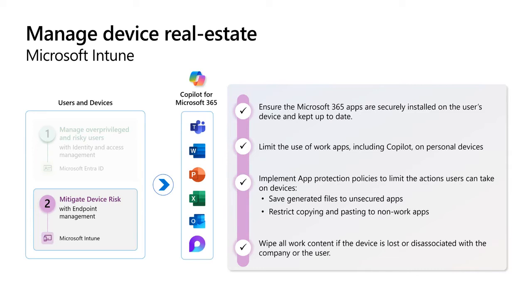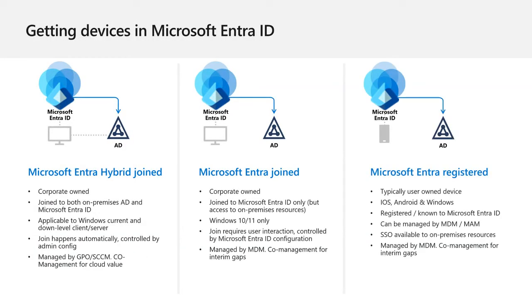That's where having control of your endpoints, whether that be Windows, macOS, iOS or Android devices, is really important so you can manage not only the device, but also the data on that device. And we'll talk about app protection policies in more detail and having capabilities to wipe corporate data off of your machine.